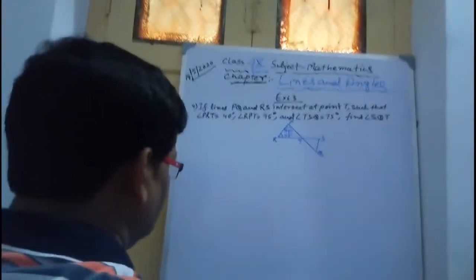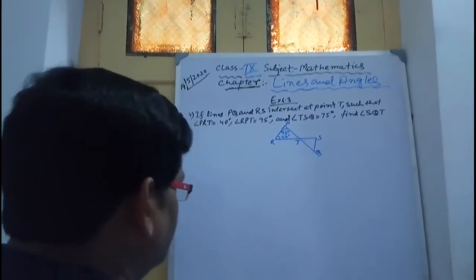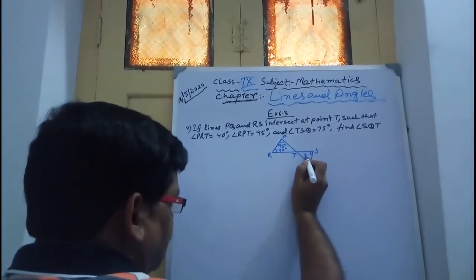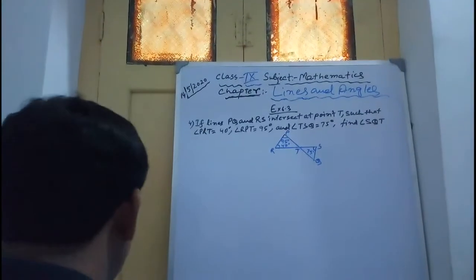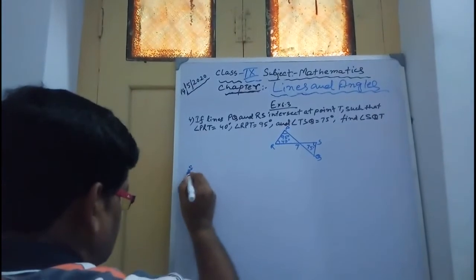Angle PRT is 40, angle RPT is 95 degrees, angle TSQ is 75 degrees. Now find SQT. So see the solution.